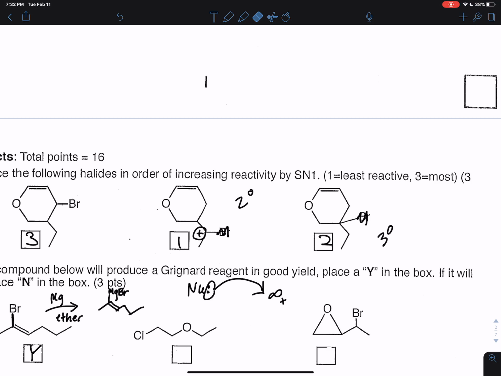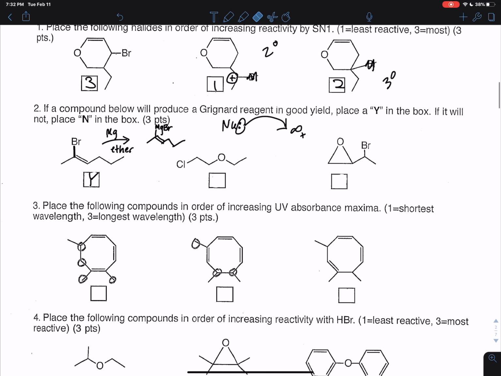If you can get it to resonate to the point that you get the positive charge onto the oxygen or even a nitrogen, where all the atoms in that particular resonance structure fulfill the octet rule, then that would be more stable. Does that make sense? Okay, so sorry about that, you guys.